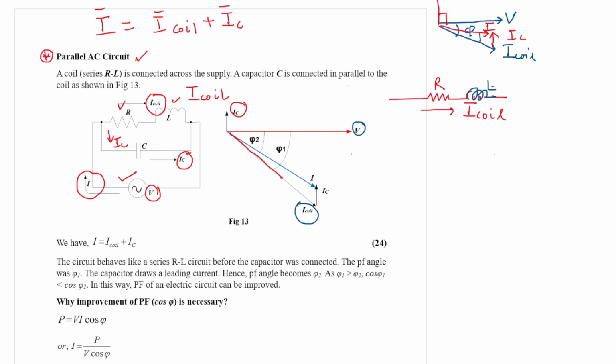This phasor is I coil, and this phasor is IC, which is 90 degrees leading. The phasor summation of IC and I coil is the supply current I. So this phasor is I.